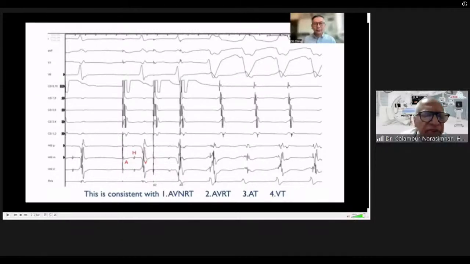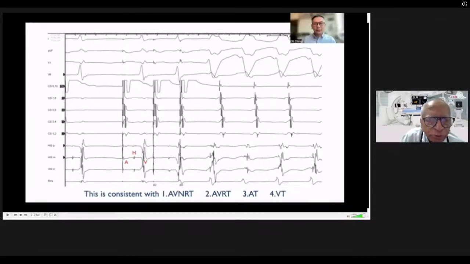So the crux of the whole thing is looking at the HV interval. The HV interval in a patient with AVRT or any kind of supraventricular tachycardia with aberrancy will remain the same or even slightly longer.